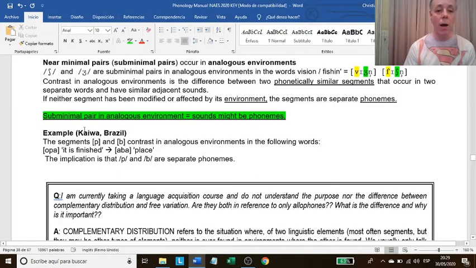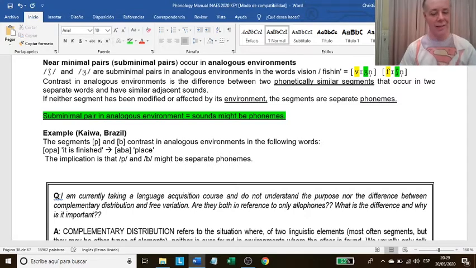Example, in Kaiwa from Brazil, the segments P and B contrast in analogous environments in the following words. Opa means it is finished. Aba means place. So the implication is that the P and B are separate phonemes, but not really, it's not that they are.